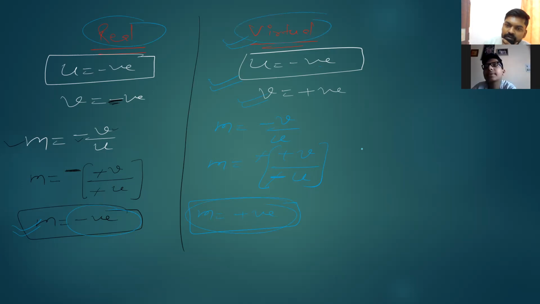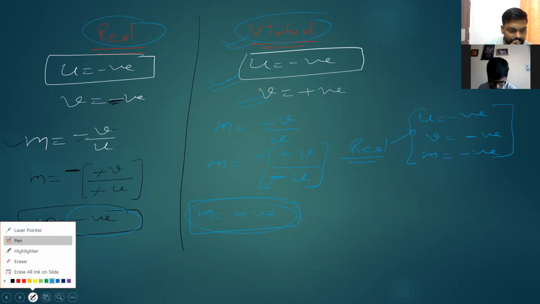So now we have two types of images. First is real image. For real image, u is negative, v is negative, and m is also negative. All these three quantities are negative for real image.